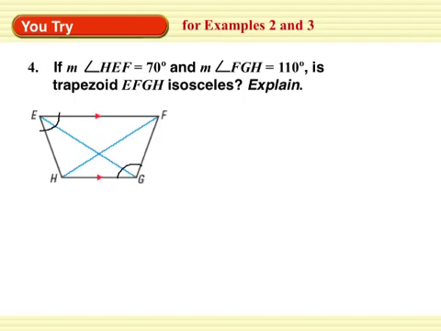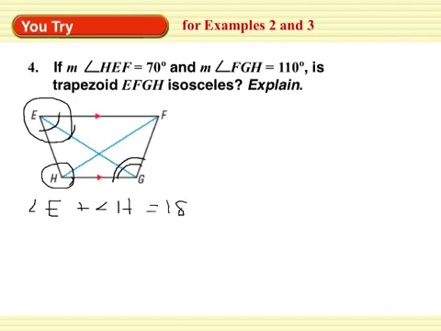Explain. All right, if we know the measurement of this angle, then we can say, I'm just going to name it angle E plus angle H, this whole angle, should equal 180.